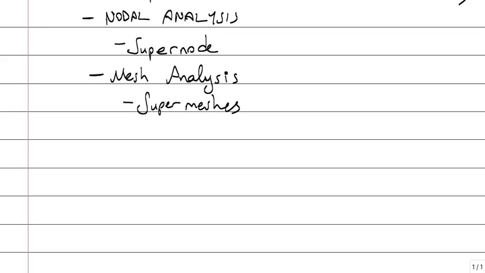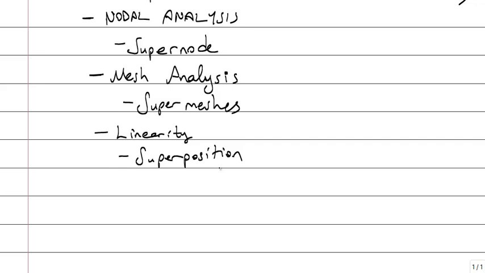And then we have seen another topic called linearity. Under that topic, we have seen the superposition technique. If there are more than one independent sources, you can turn on those independent sources individually.